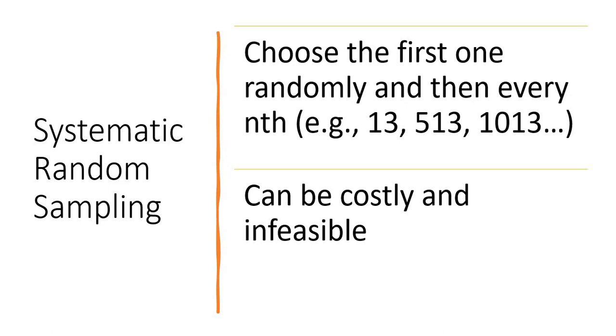So we now know that we have to select one student from every 500 students. So we select the first student randomly, which comes out to be 13, and now we are adding 500 students. After 13th student, we are going to select 513, and after that 1013. This can again be costly and infeasible because we might not have a list.